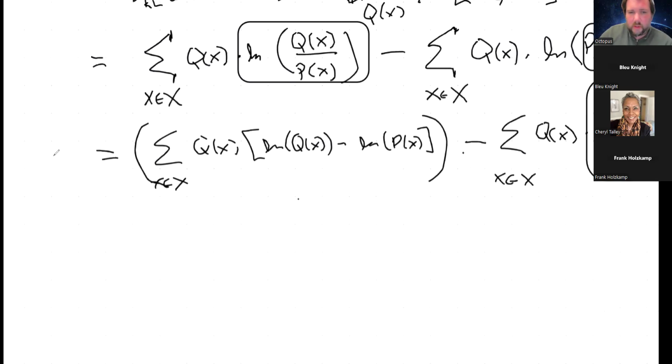I'm going to write them on two separate lines because it makes things line up a little bit nicer. So this becomes q of x. This first term just stays the same.